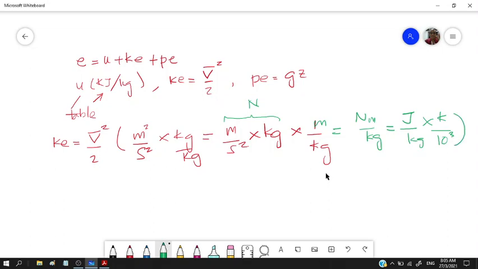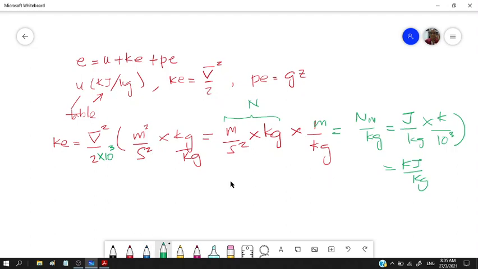Then now we have kilojoule over kilogram, but we must divide this value by 1000. So then only we have it in terms of kilojoule over kilogram. Under one condition, we must multiply this by 1000, then divide this by 1000.